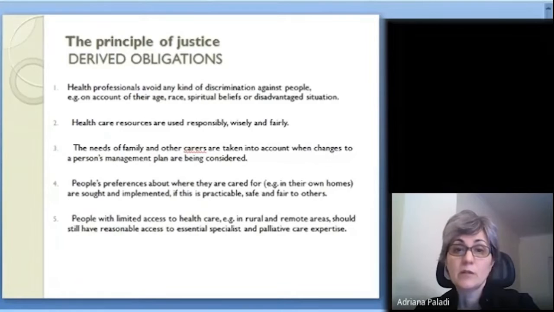People's preferences about where they are cared for are sought and implemented if this is practicable, safe, and fair to others. People with limited access to health care, I mean in rural and remote areas, should still have reasonable access to essential specialist and palliative care expertise.